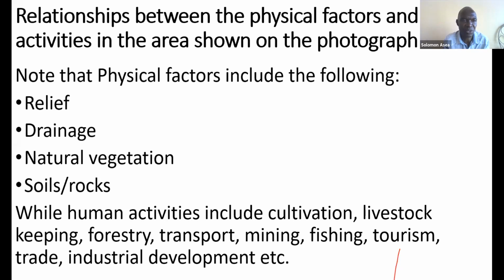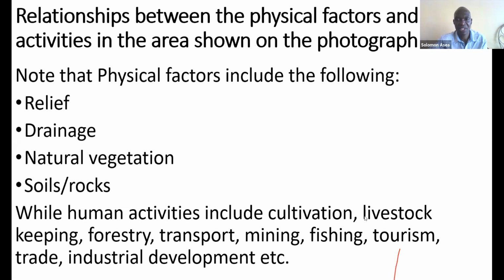Relief, drainage, vegetation and land. Those are the physical factors which may affect land use activities.